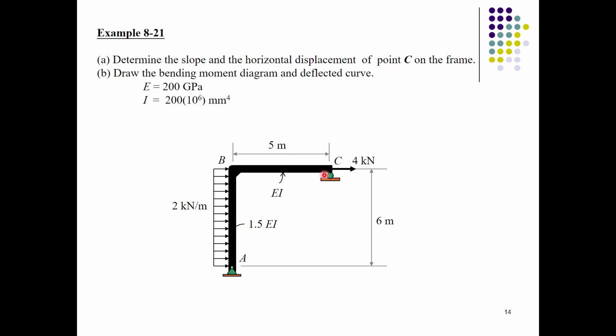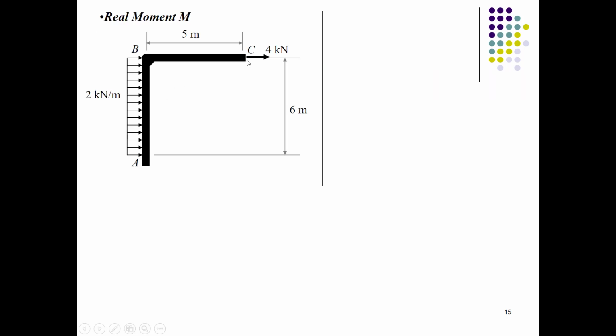So here we go. You will solve it as you have previously performed. You apply the real load, which is 4 kilonewton, and calculate the support reactions first. The support reactions come out as 12 kilonewtons.